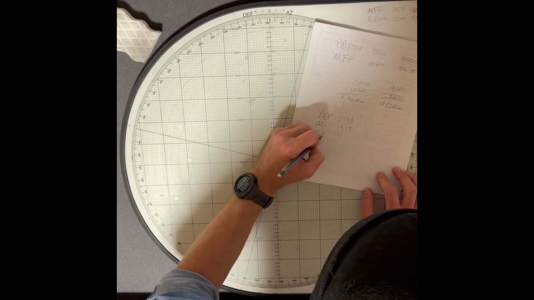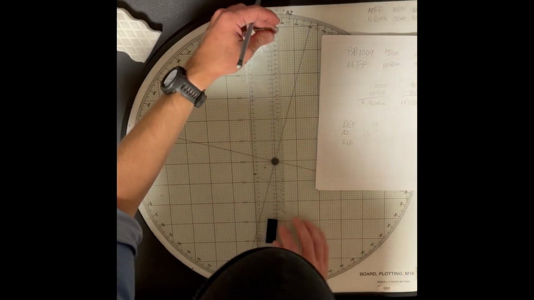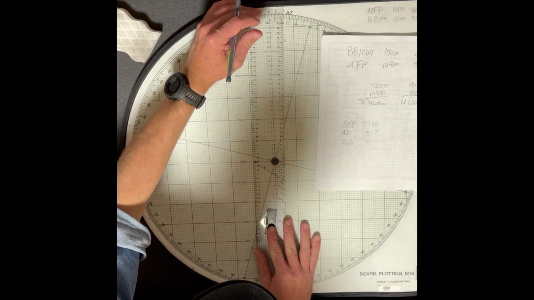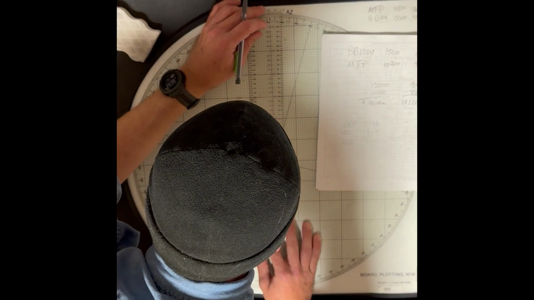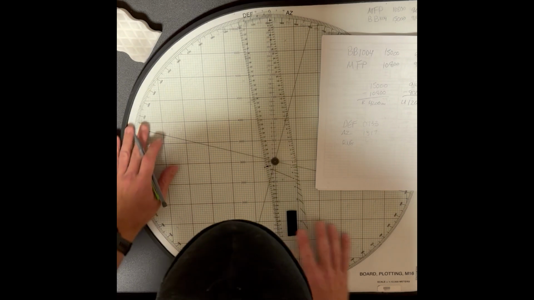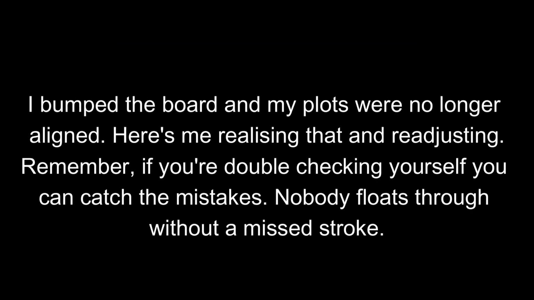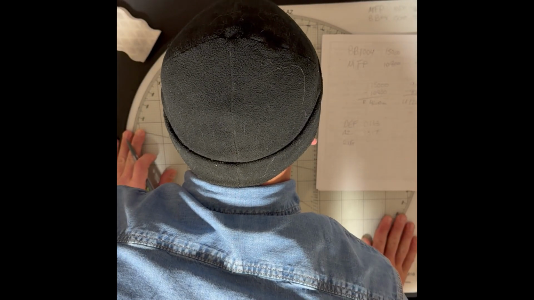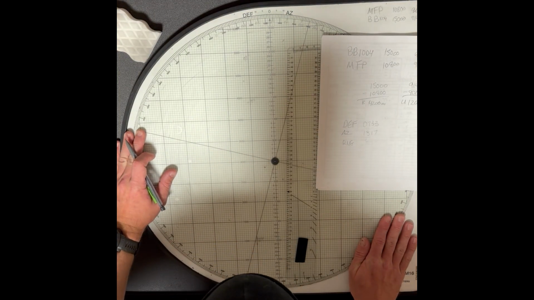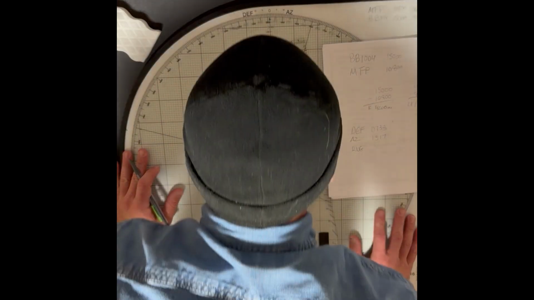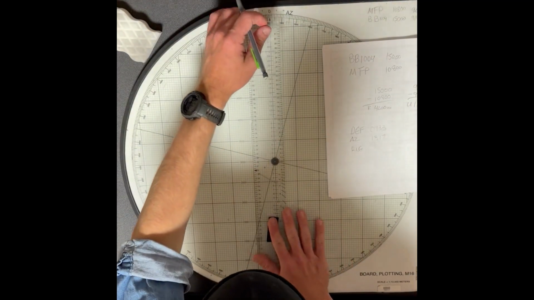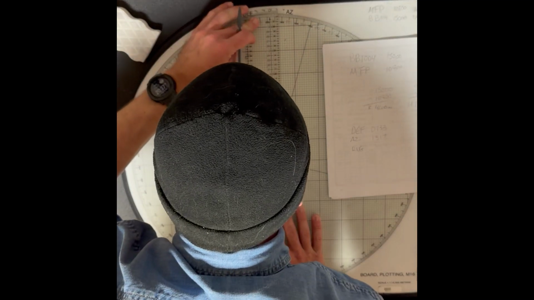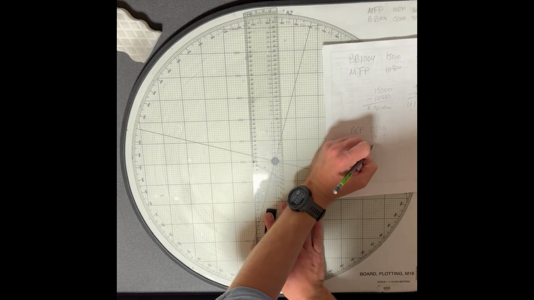And for our range, go ahead and line these two up with the range arm. I'm getting 4375.